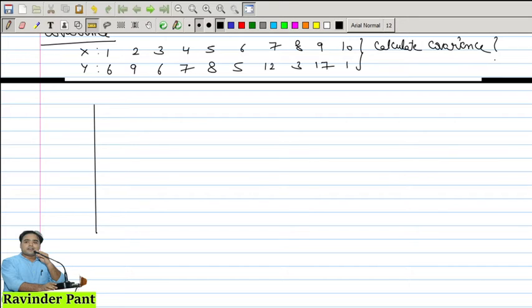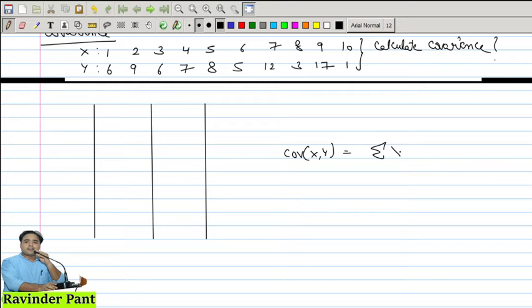So this is for x, this is for y, this is for x and y. Now how this x and y came into the picture? Because the covariance formula, the generic formula which I am going to apply here is summation xy divided by n minus summation x upon n, summation y upon n.